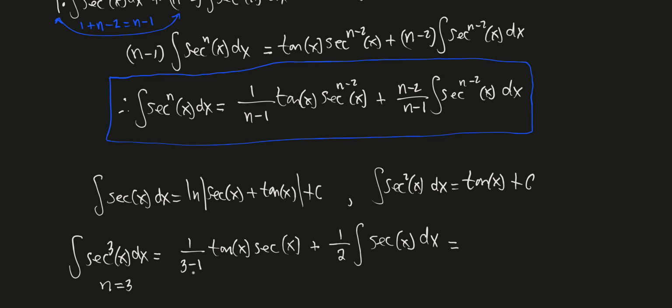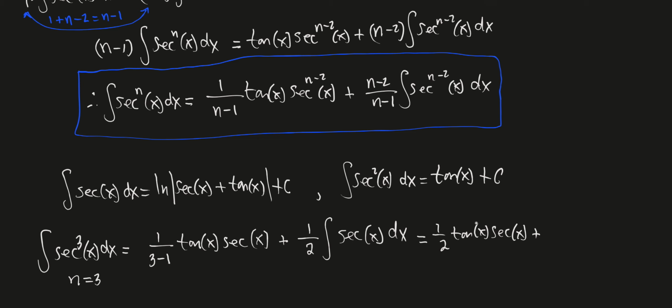It's 1/2 tangent x times secant x. So we have 1/2 times tangent of x times the secant of x plus another 1/2, right? But now it's times the antiderivative of secant, which is our ln of the absolute value of secant x plus tangent x, right?